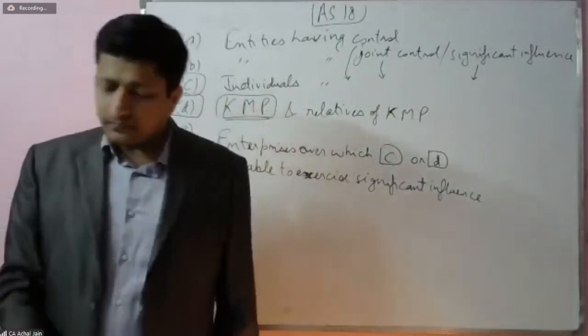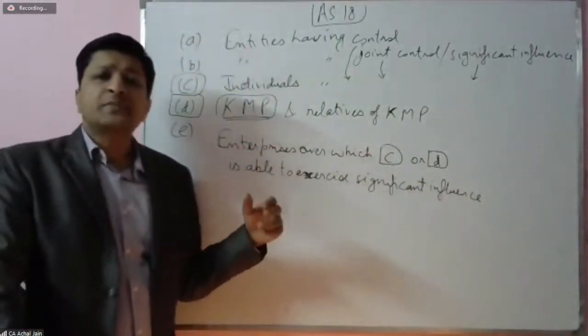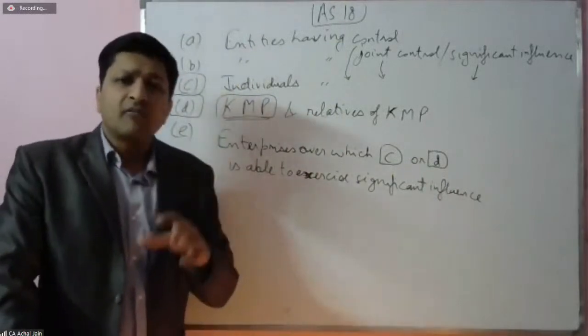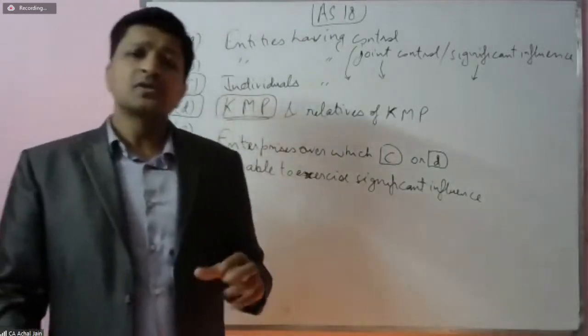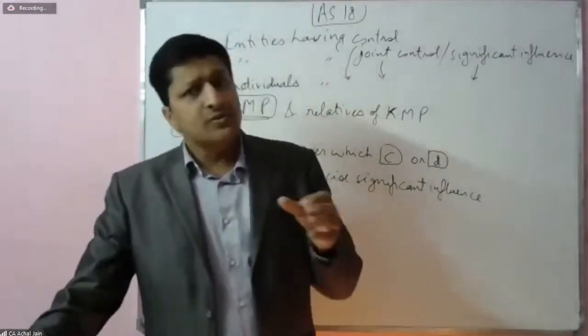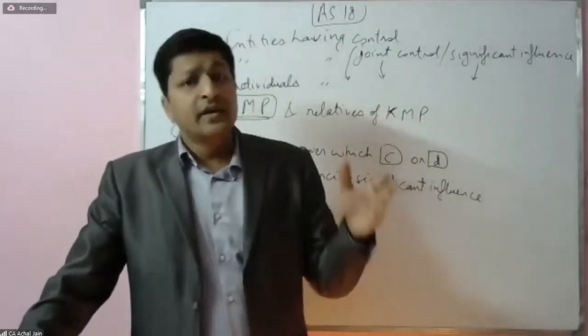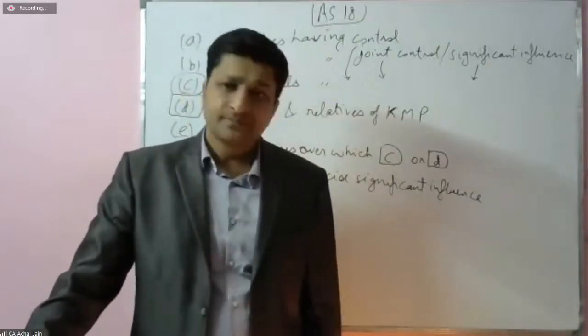Okay. So these 5 are the types of related party relationships which get covered under AS 18. Now we are talking about those situations, those relationships which will not be considered as related party relationships as per AS 18.